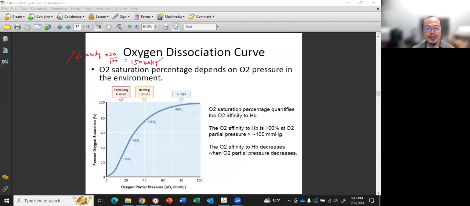This is the pressure from the oxygen. The total pressure from the air is 760, but the oxygen partial pressure is 150 mmHg. That's an example of what oxygen partial pressure means, and this is the situation in our environment on the Earth.